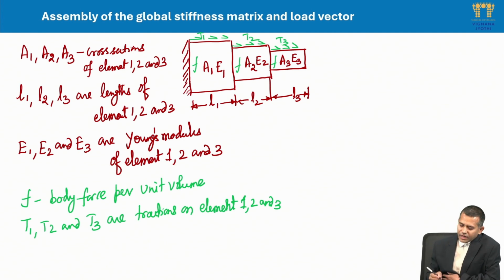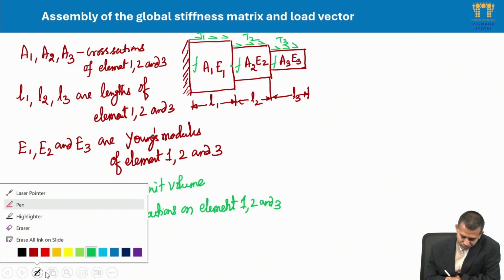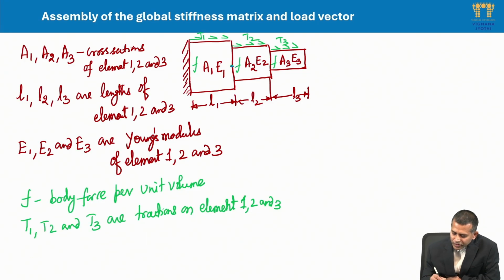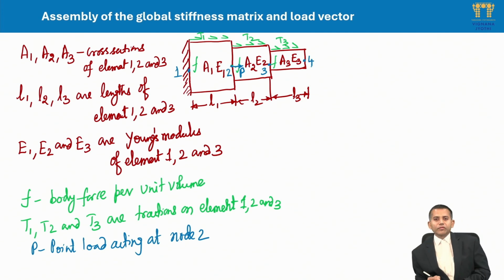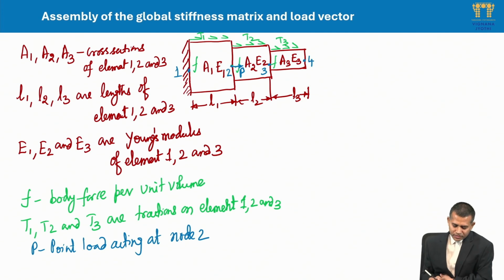Tractions are acting on that, and assume that a point load P is also acting at node 2. Let me take this as node 1, this is node 2, node 3 and node 4. So we have a total of 4 nodes and 3 elements. So this is the entire description of the given system.